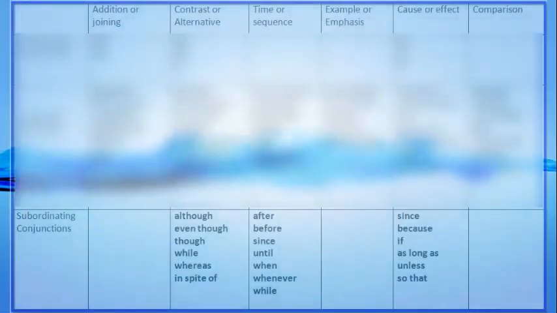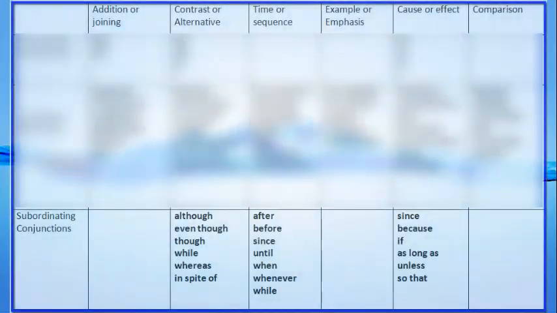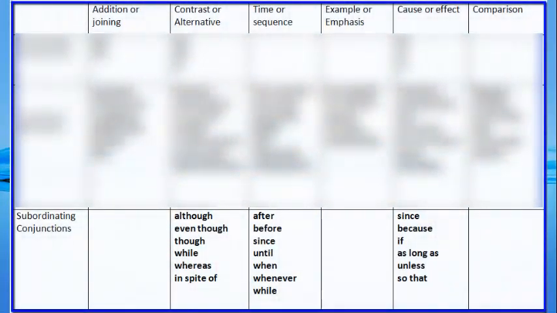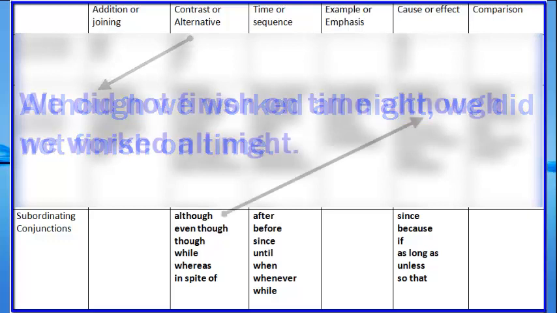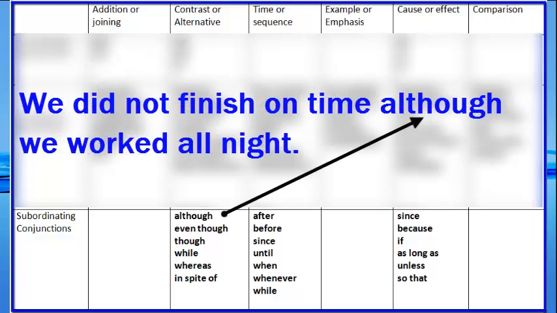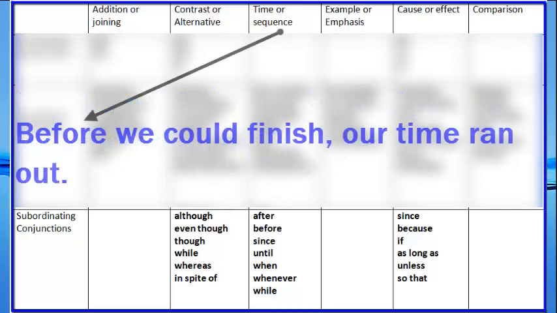Here are some examples of subordinating conjunctions being used to create complex sentences. Although we worked all night, we did not finish on time. We did not finish on time, although we worked all night. Before we could finish, our time ran out.